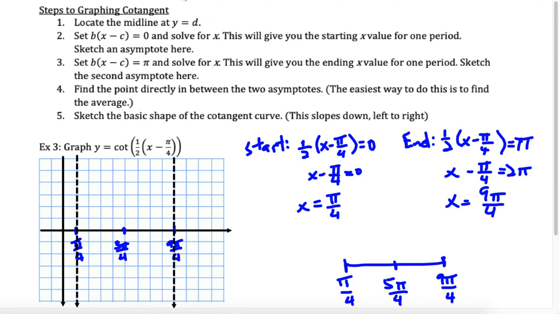And then remember the basic shape of cotangent is sloping down as we look at it from left to right. So here would be what this graph looks like, okay, including all the key pieces of information.